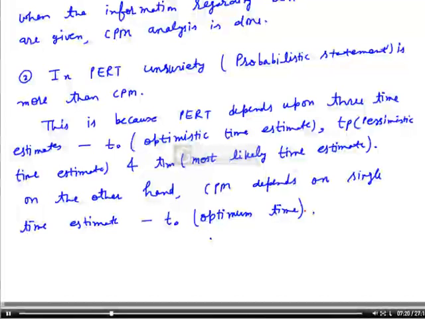And the last difference is, in case of CPM, cost consideration is more, therefore the activity is always related to cost. On the other hand, this is not in case of PERT. So this is the third difference. So the third difference is cost consideration is more in CPM.